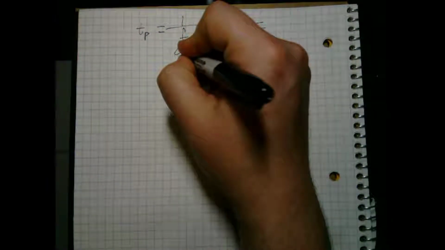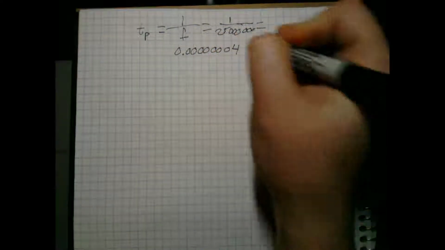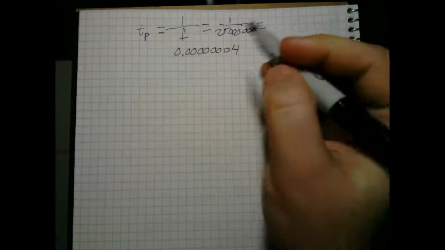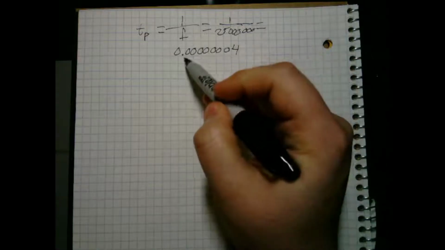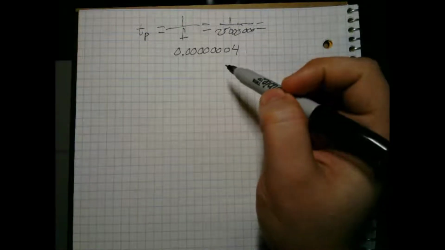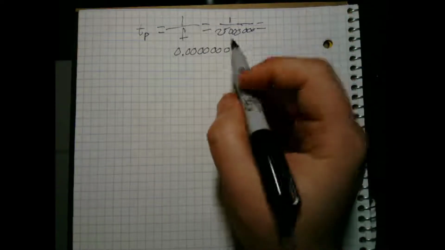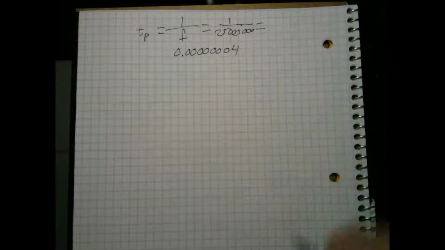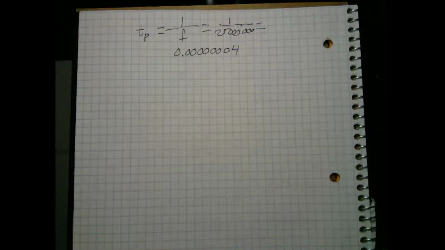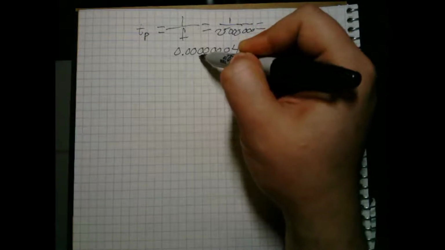So we get that number. Now, to simplify this number and add a prefix to it, we can just move the decimal place over. We want to move it over in sets of 3 to get a nice even prefix attached to this. So we'll move it over 1, 2, 3.